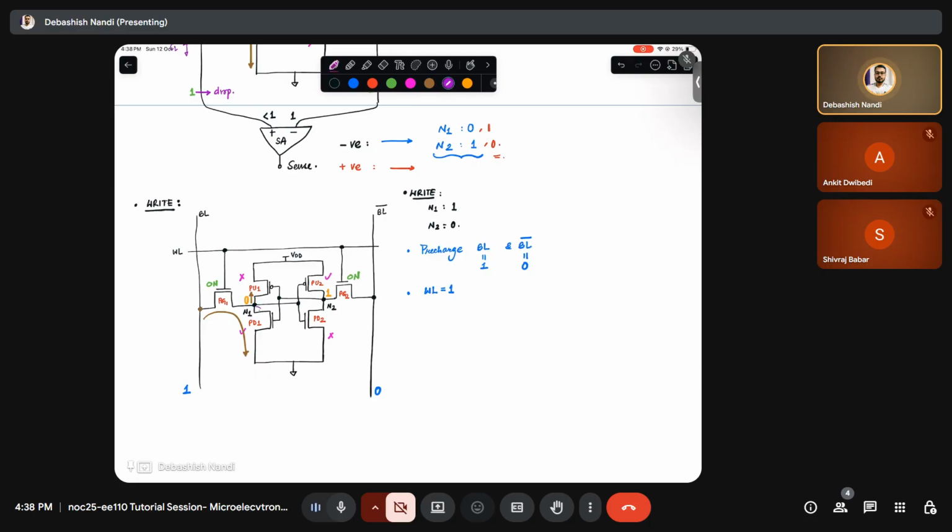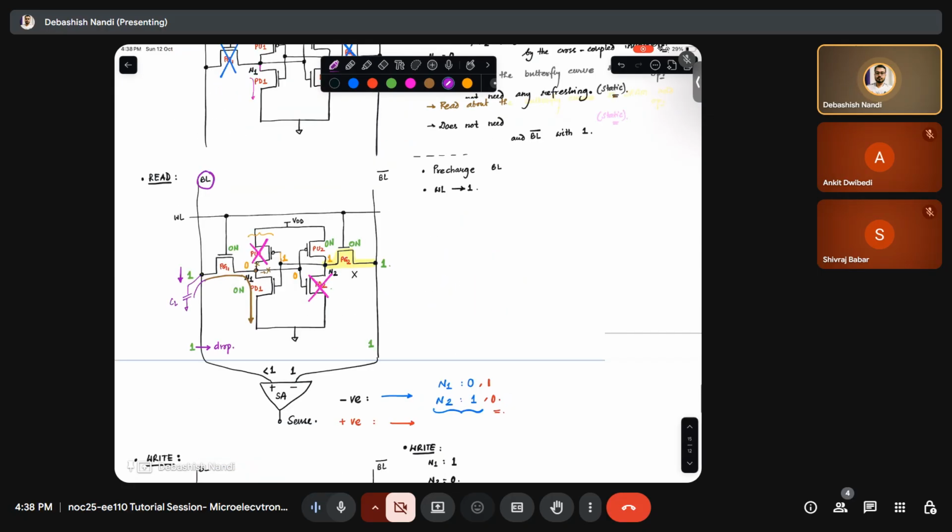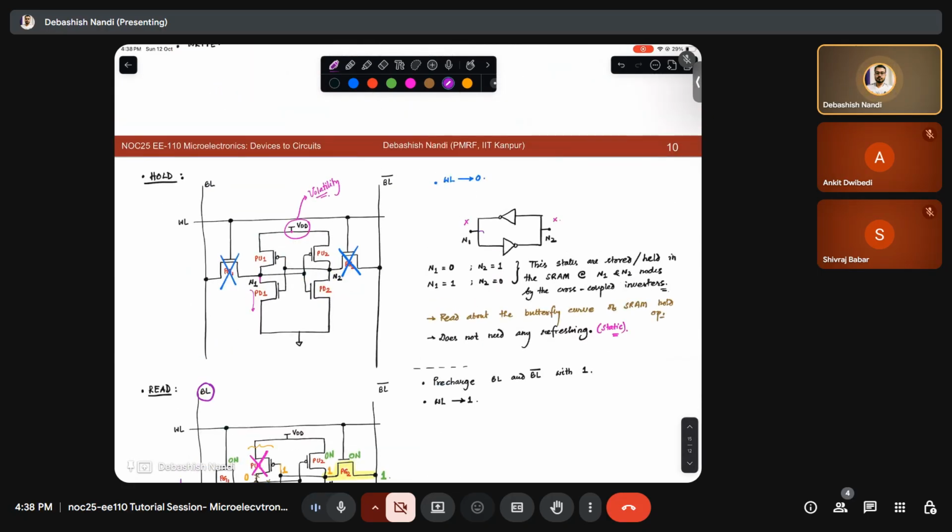For understanding, you can assume that there is some capacitor connected to these nodes where the charges are being stored. These are nothing but the input and output nodes, right? There will be the device's intrinsic capacitances. So that is how these are stored, at the capacitances at these two nodes. So the bits in SRAM cells are stored in the form of charges.